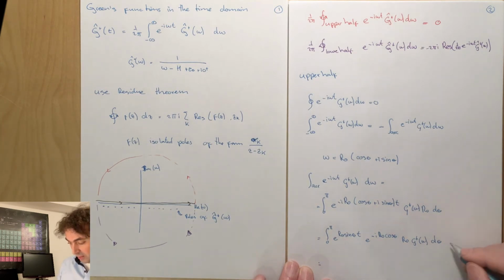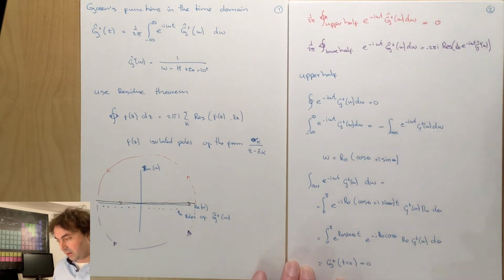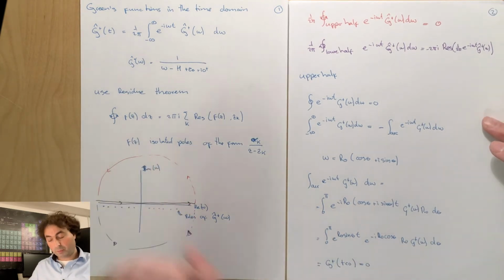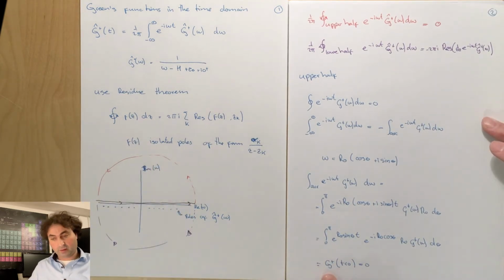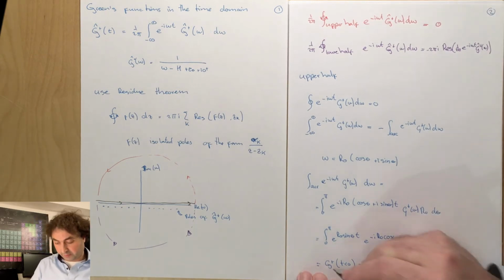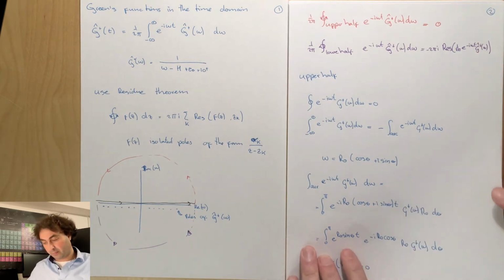So this is, for t smaller than 0, 0, and that is exactly equal to the integral that we were after. So we know that g plus for t smaller than 0 is equal to 0. So from the upper half we can derive that our Green's function, or the Green's operator in the time domain, for t smaller than 0, is 0.